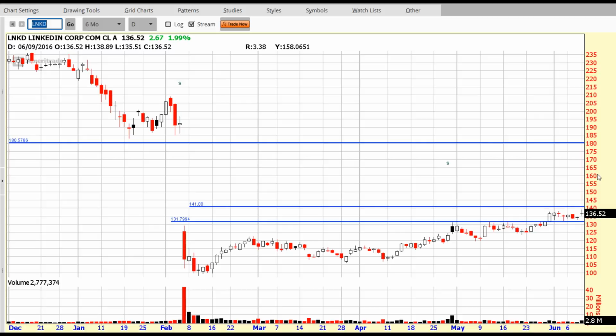I repeat, do not hold a swing trade through an earnings announcement. If you want to hold through earnings, there are unique trading strategies designed to trade earnings. A swing trade is based on market directionality, price action, trend lines and technical analysis.